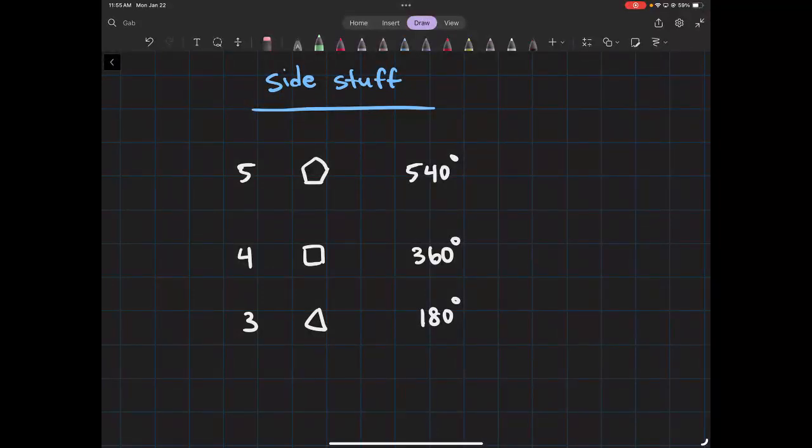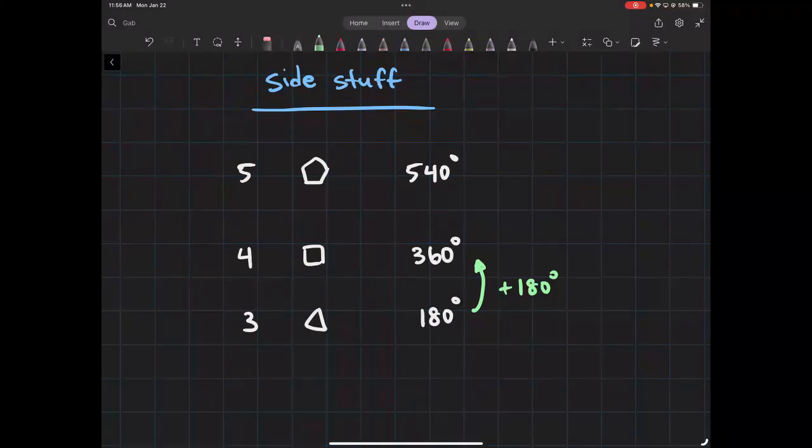Do you guys see a pattern? What do you see? 180, right? So you're adding 180, right?